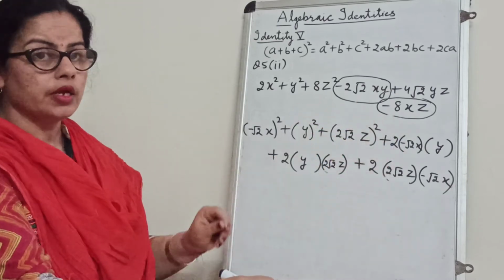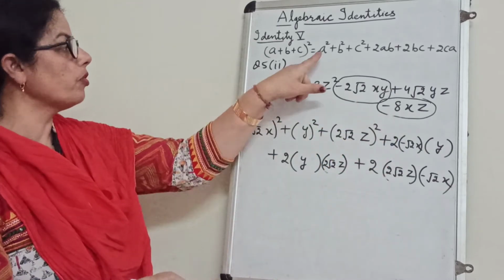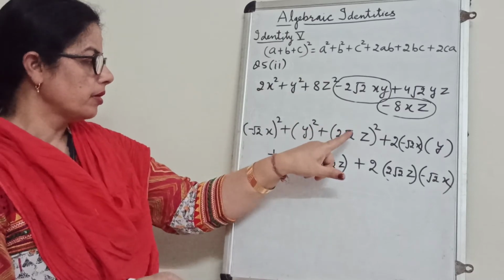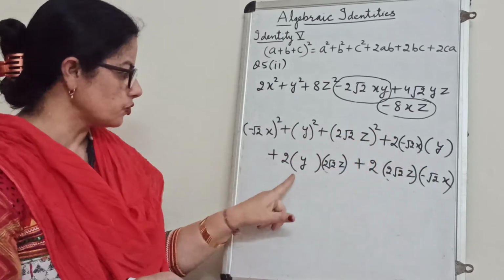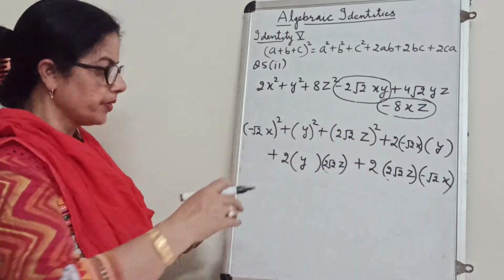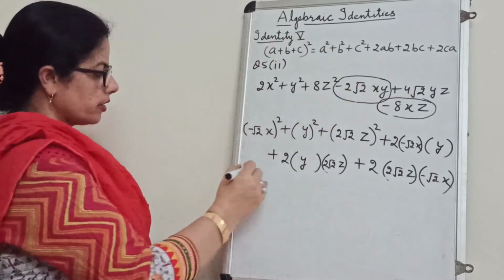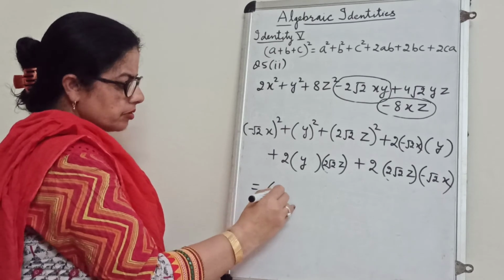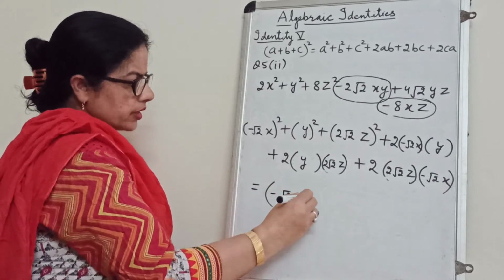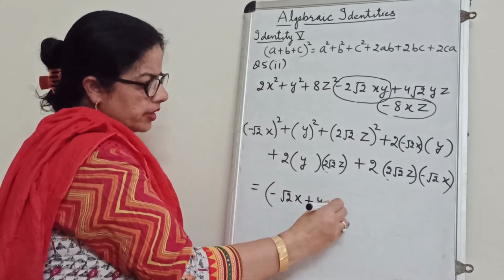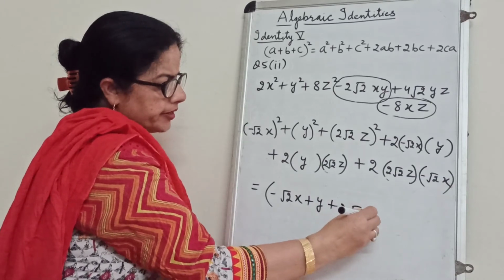It is also there. So our expression is in the form a square plus b square plus c square plus 2ab plus 2bc plus 2ca, and this form is equal to a plus b plus c whole square. So we can write this as minus root 2x plus y plus 2 root 2 z whole square.